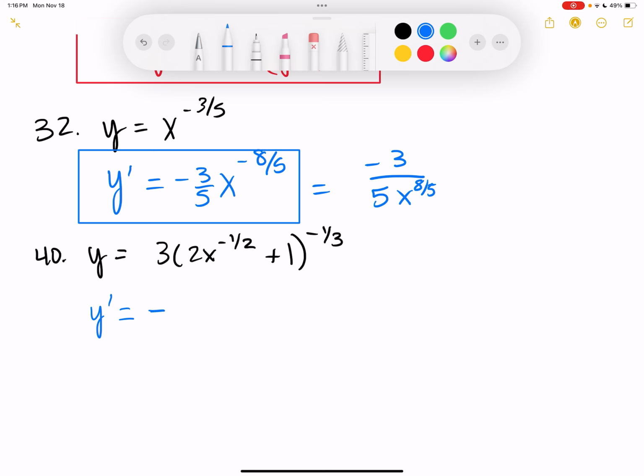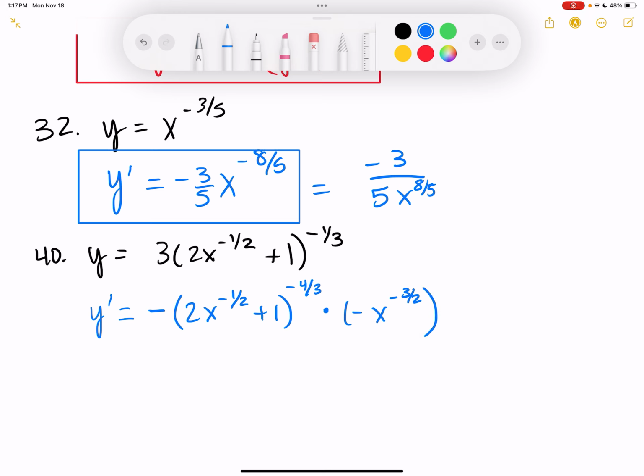Negative 2x to the negative 1/2 plus 1 raised to the negative 4/3 times negative x to the negative 3/2.